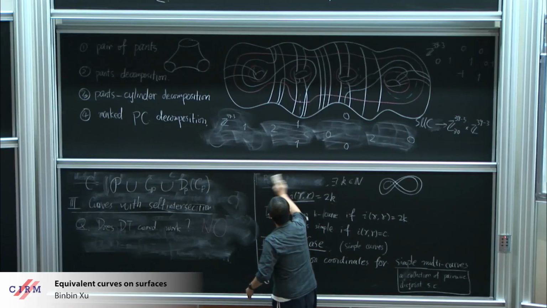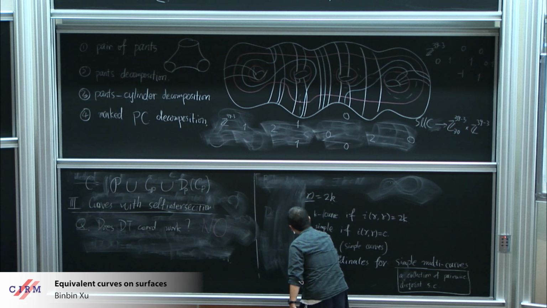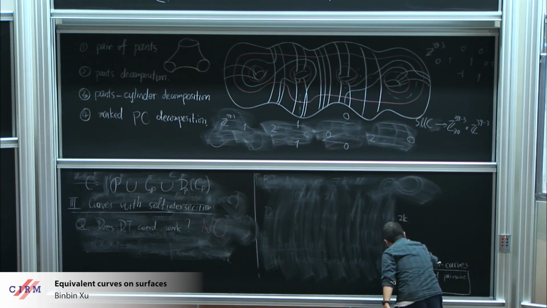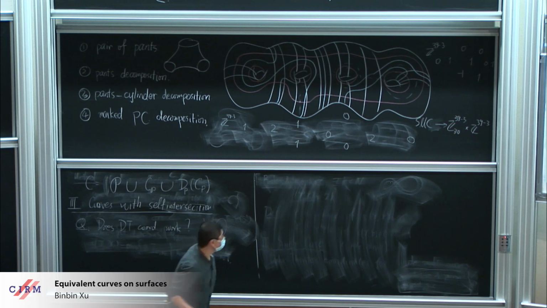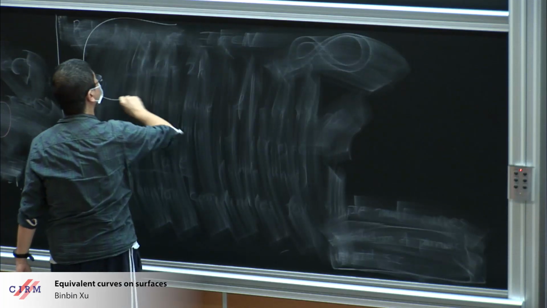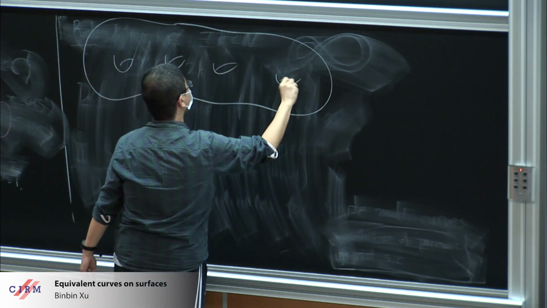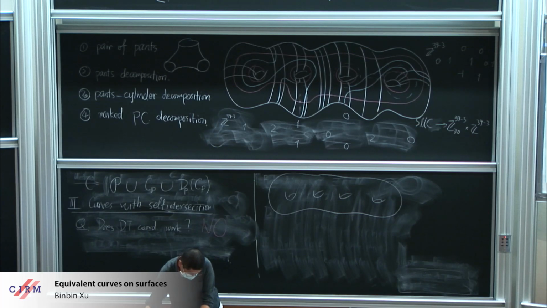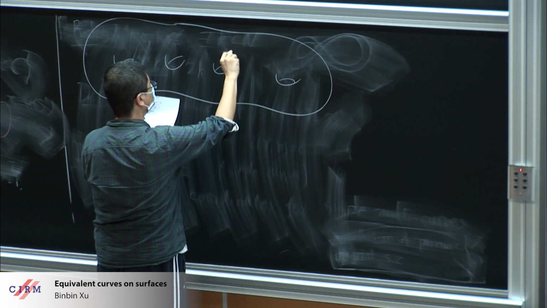I will convince you by using the following example. So I will draw two curves, and they will have the same coordinate. So let me still consider this genus 4. Okay, I have to be careful.